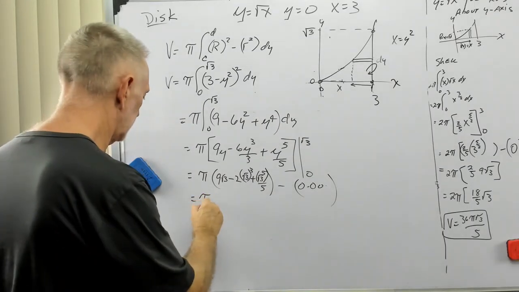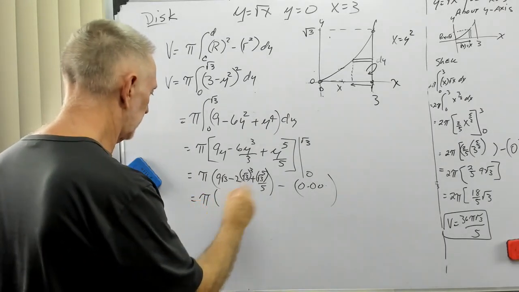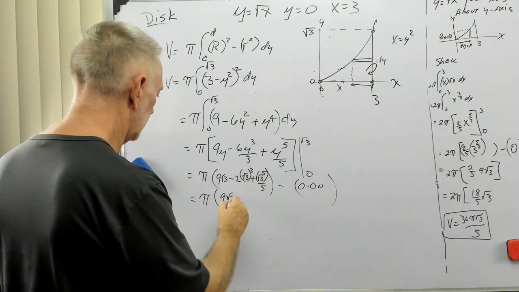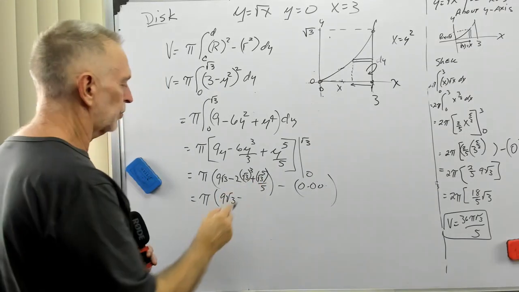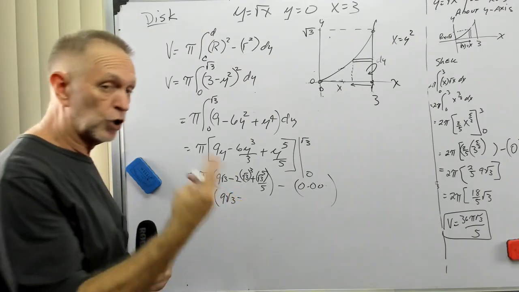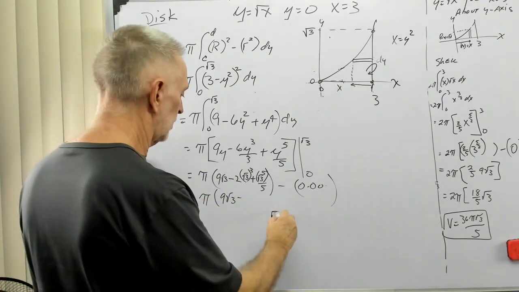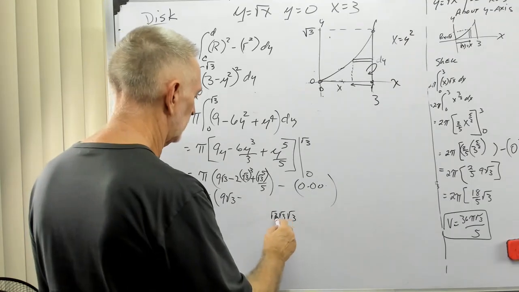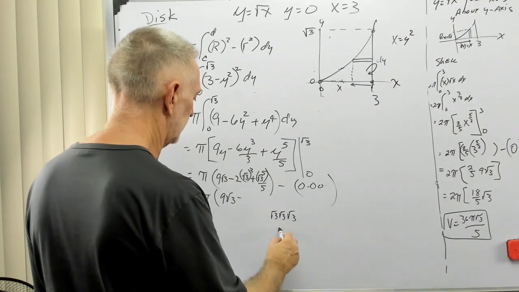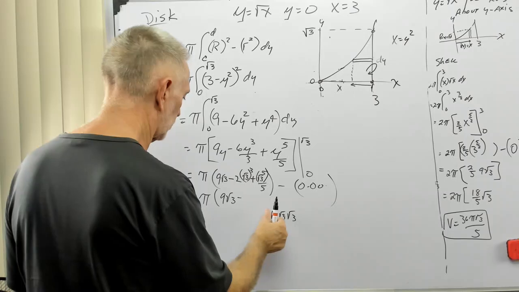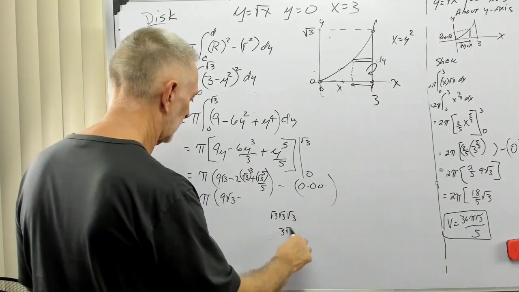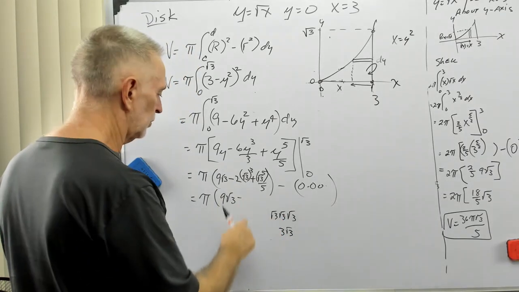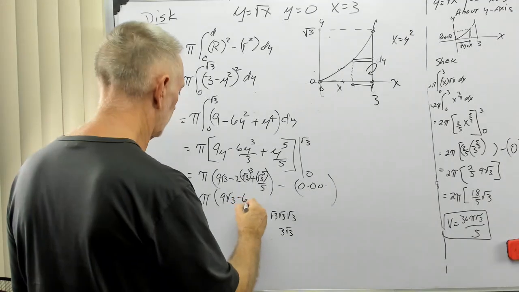Let's try to simplify this a little bit. Square root of 3 times square root of 3 cubed is square root of 3 times square root of 3 times square root of 3. Square root of 3 times itself is 3, so this is 3 square root of 3, times 2, which is 6 square root of 3.